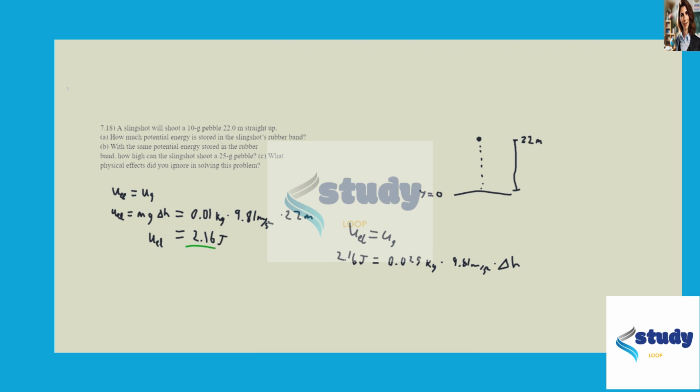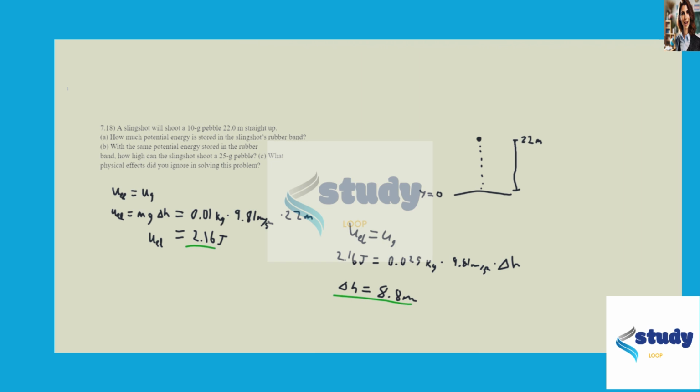And so that is just going to be some more calculation. We divide both sides by the mass and gravity, and that should just give us a change in height that is equal to 8.8 meters.